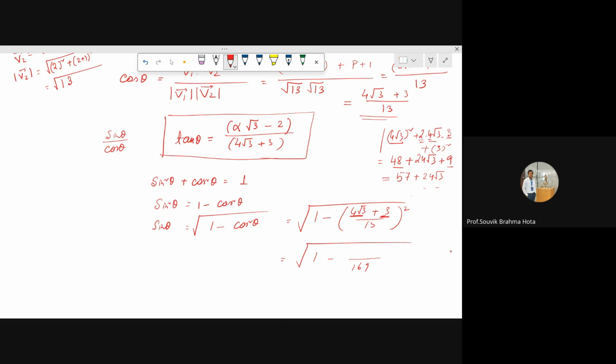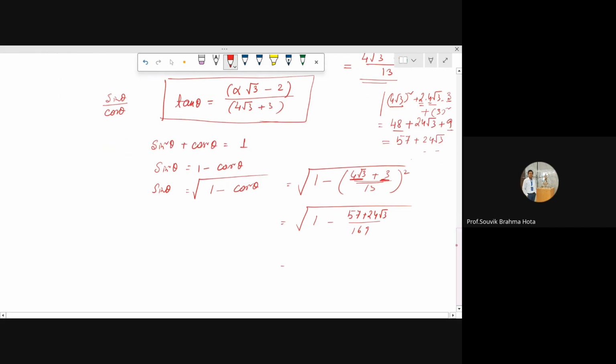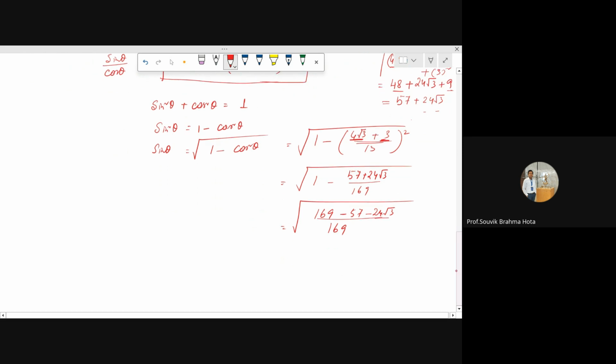That value is for this whole square, so I can put that value 57 plus 24 root 3 over here. Now if I do the calculation, 169 will be the LCM, and 169 minus 57 minus 24 root 3. So this is your sin theta squared.